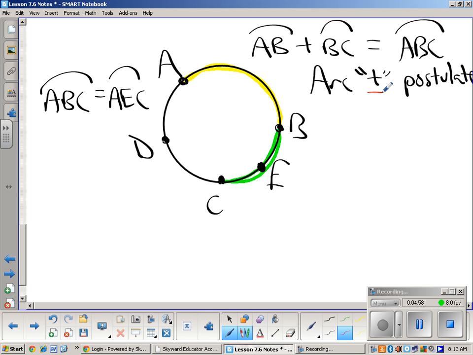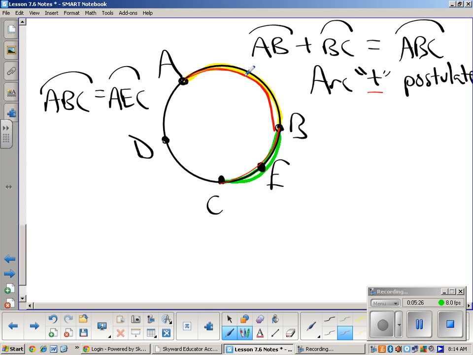It simply says if arc... since the green arc, arc BC, is less than 180 degrees, then I don't use the third letter that's on that arc to name it.